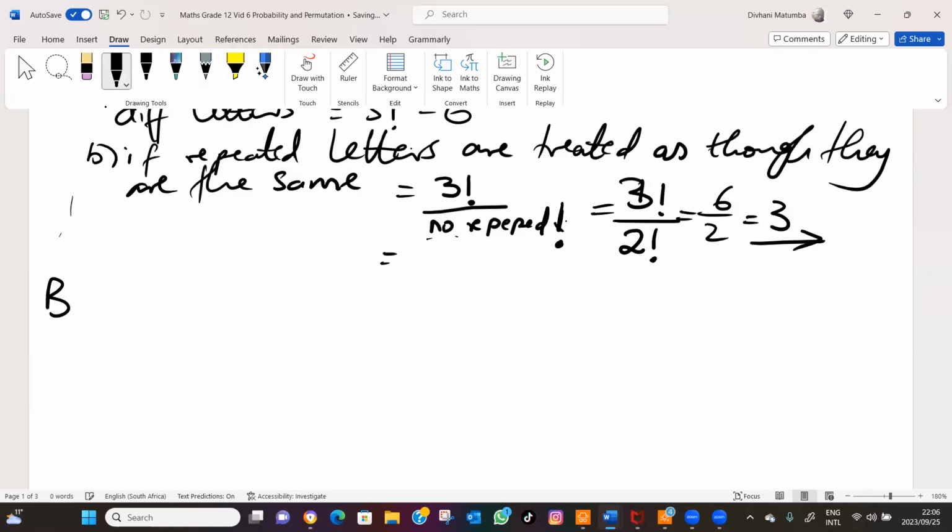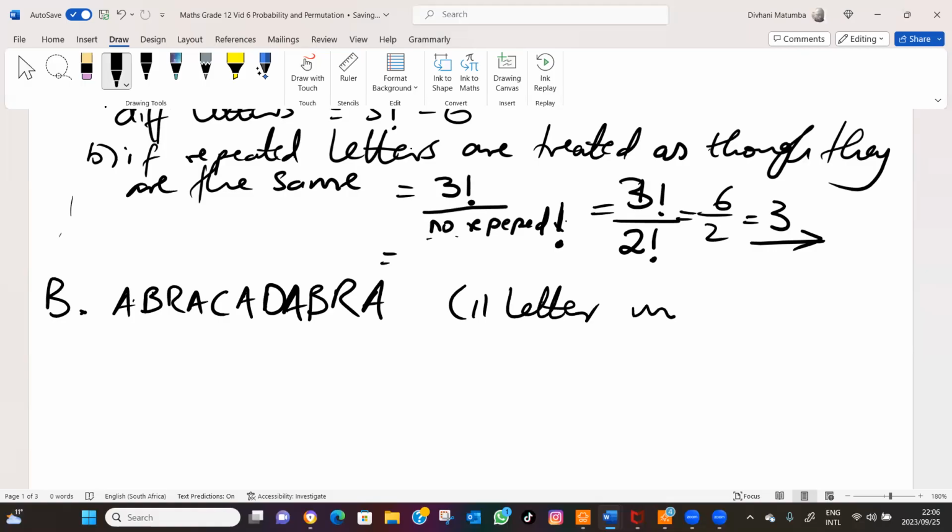Let's say, for instance, we have an 11 letter word: A, B, R, A, C, A, D, A, B, R, A. How many permutations are we going to have?